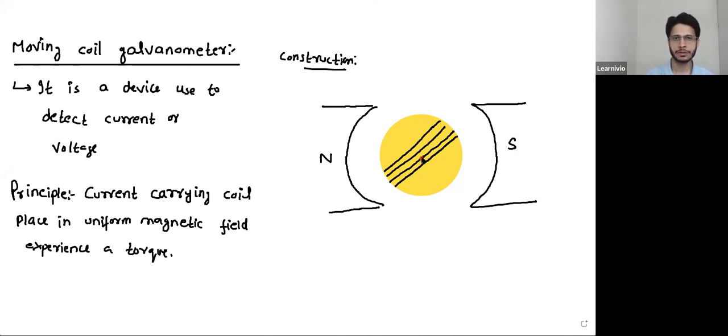This is the center of the coil. The magnetic field here is radial.